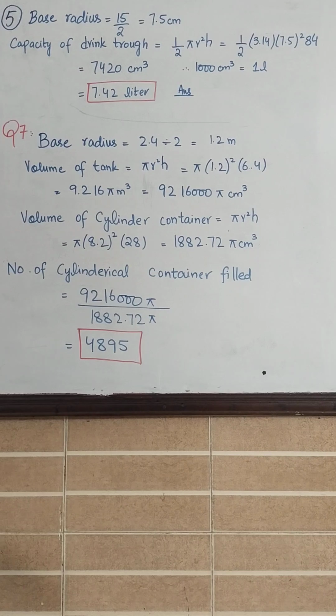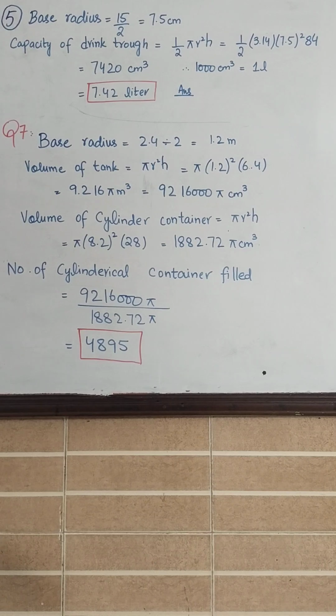Now you have to find the number of cylindrical containers filled. How many cylindrical containers can be filled? So you have to divide the volume of the tank by the volume of the cylindrical container. Here the pi above and the pi below can be cancelled, so that's the reason why I have not put the value of pi in the question, but if you want you can.